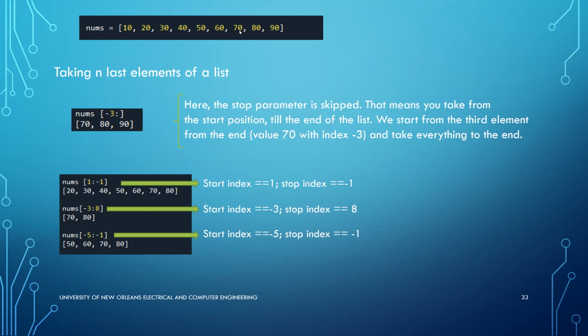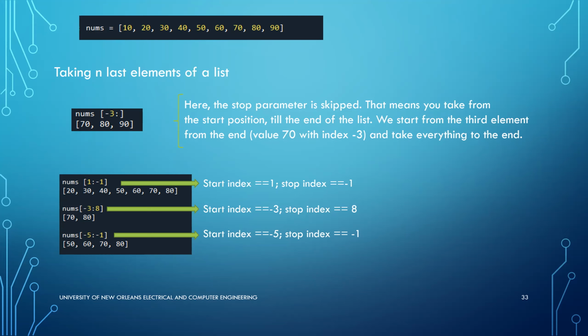It says start at the third element from the end, and then keep going to hit the end of the list. So we start from the third element from the end, which is 70 with index -3, and then take everything to the end. So that's one use of negative indexing.